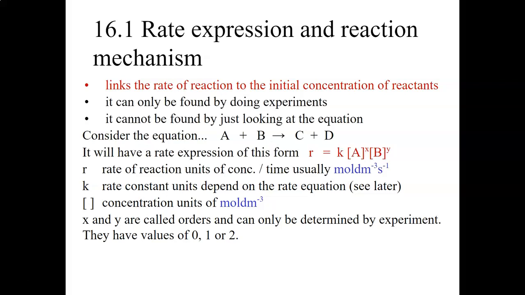Now x and y are called the orders of the reaction, or orders with respect to A or order with respect to B, and these are what can only be found from experiment. And for us, they'll always have a value of 0, 1 or 2. So if in your calculations you get an answer different to that, then sorry, you have gone wrong somewhere.